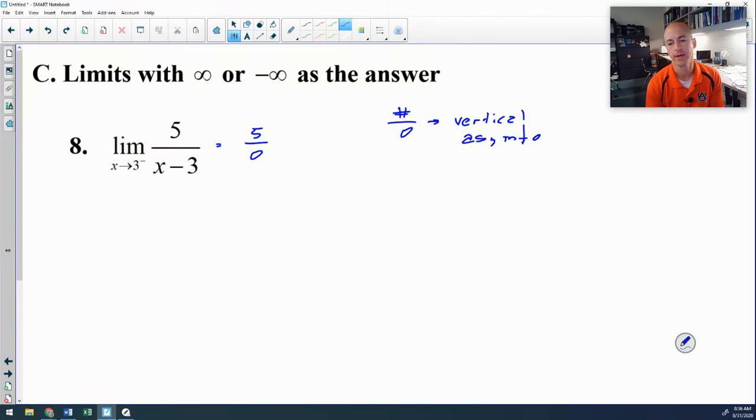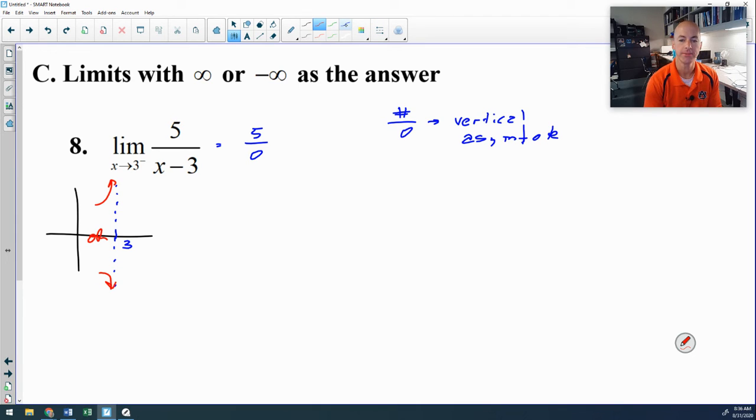And let's think about a vertical asymptote. So what I know about this function is at x equals 3, I have a vertical asymptote. So here's my 3. And if you think about a vertical asymptote, I'm only worried about the left side. As you approach a vertical asymptote, your function is either going to be going up or going down. It's got to be doing one of those two.